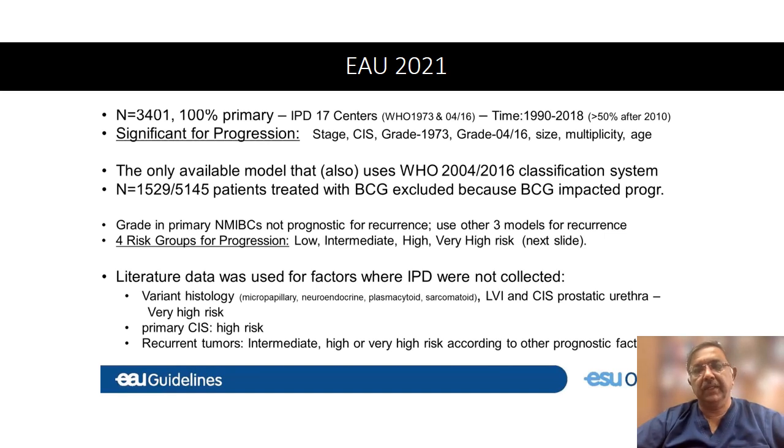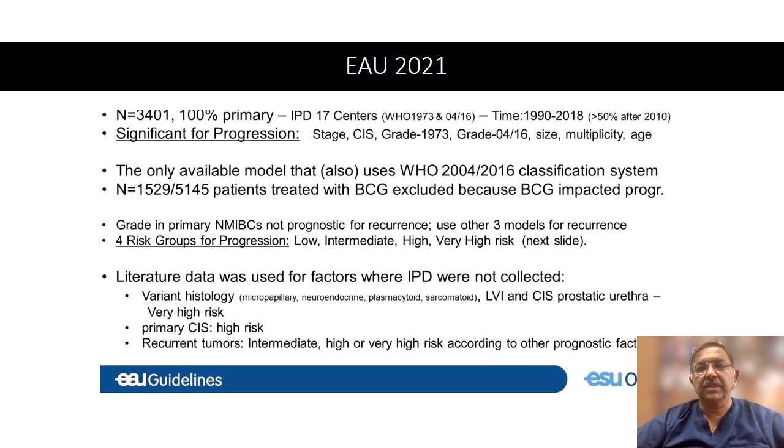We know that low grade versus high grade, and G1, G2, and G3, are the two different systems. Patients who were treated with BCG have been excluded so that the impact on progression can be assessed for the natural course of the disease.